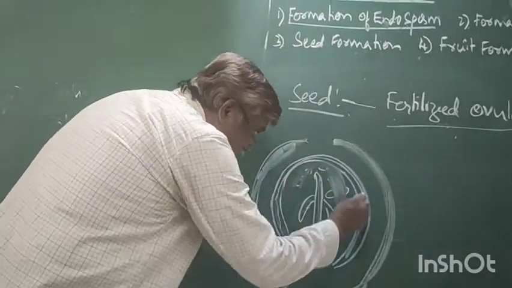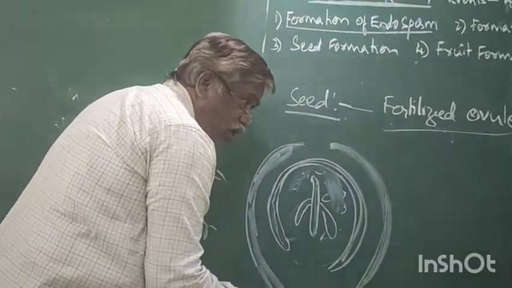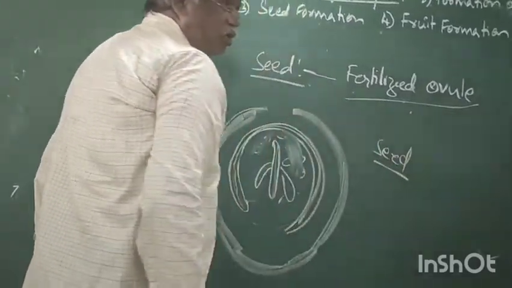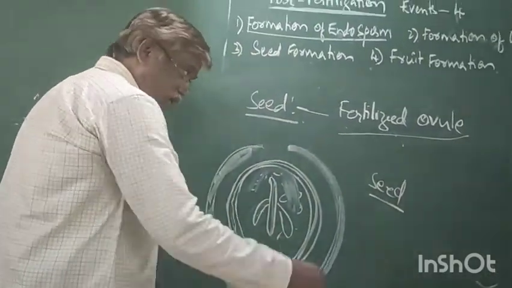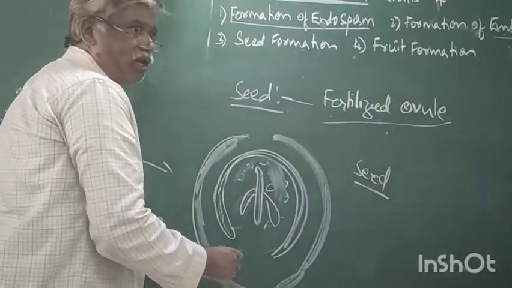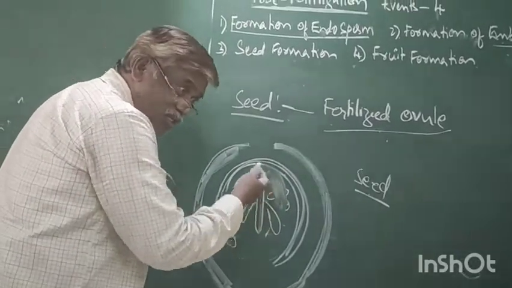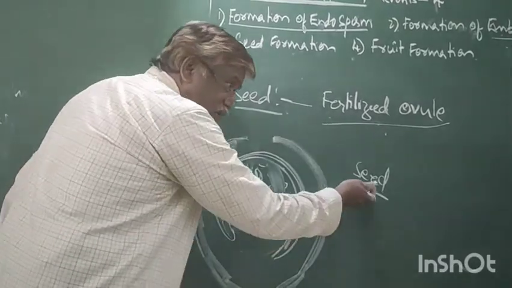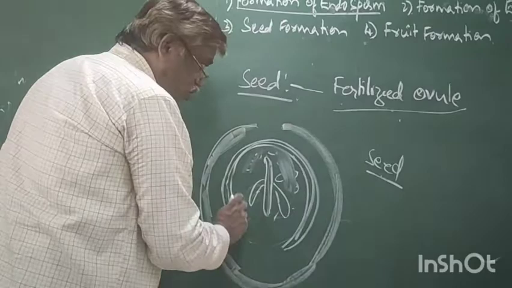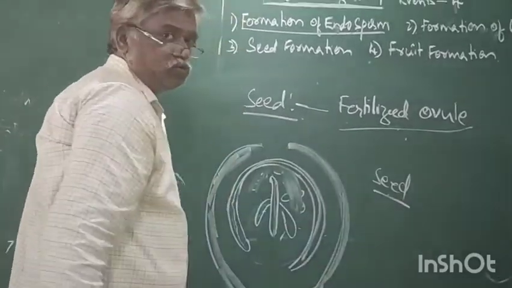Now this total is seed. Before this, the total was ovule. Once upon a time it was ovule. Now it is seed. That means after the fertilization, this ovule becomes seed.